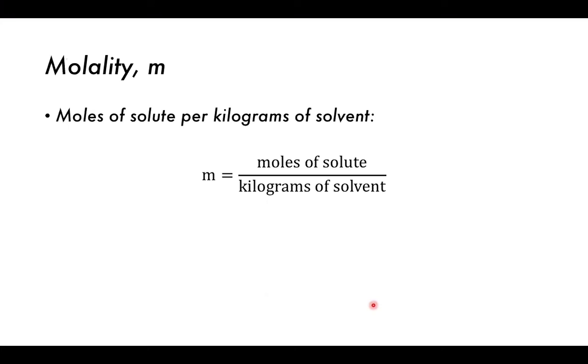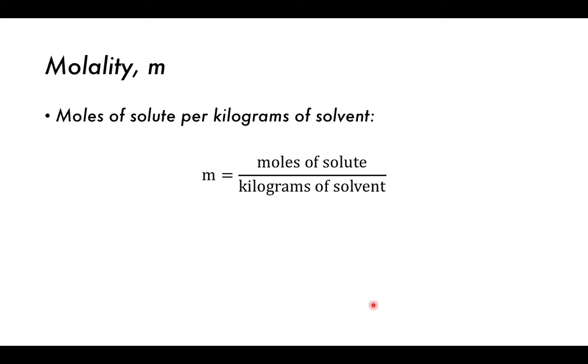So the next one that we'll encounter is the molality. This is small m. This is the number of moles of solute per kilogram of solvent. So in this case, we're no longer dealing with a volume, we're instead dealing with a mass. Sometimes this is important in industrial settings where, instead of dealing with a volume, which could be variable from one place to another, we're dealing instead in kilograms of solvent, which would give us a more universal measurement.